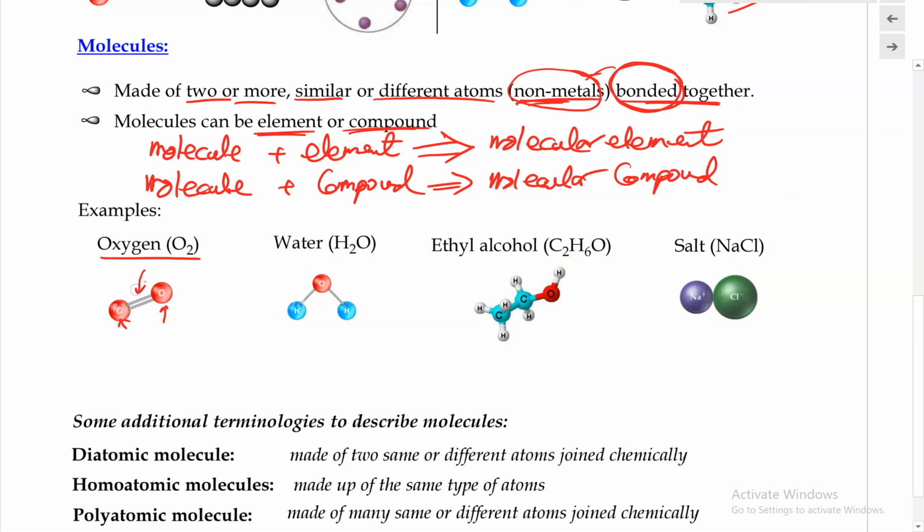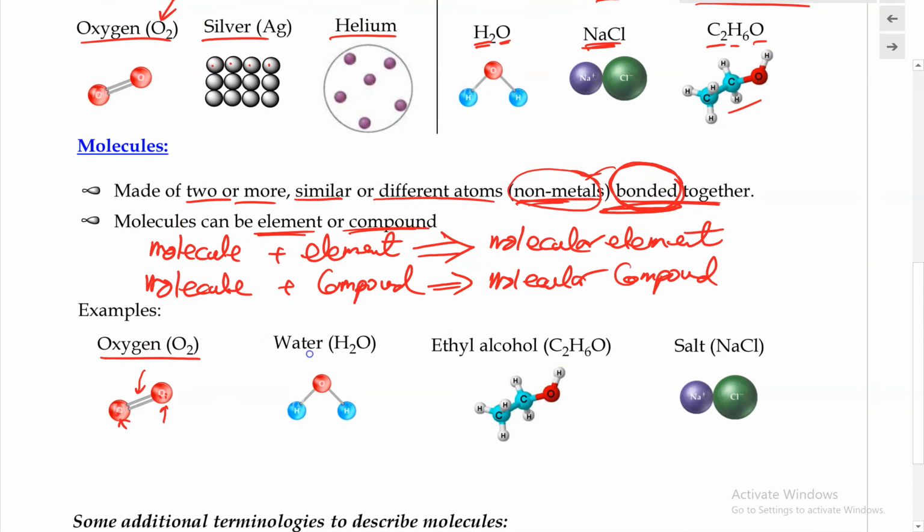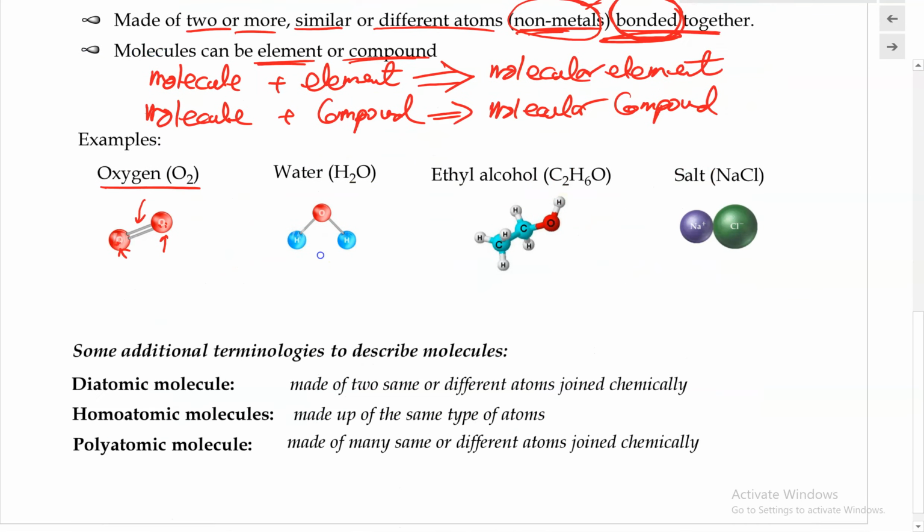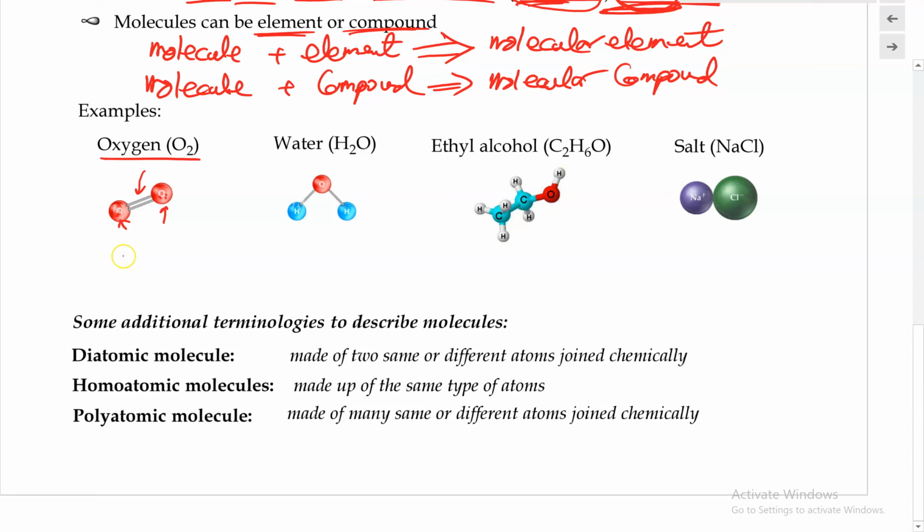This line connecting the two atoms represents a bond. This bonding is really important, because if these atoms were not bonded together, we would not use the word molecule to describe it. So it has to be bonded together. Therefore we can use the word molecule to describe this. And in this case, oxygen, as we have seen previously, is also an element. So combining together, we can now refer to oxygen as a molecular element.